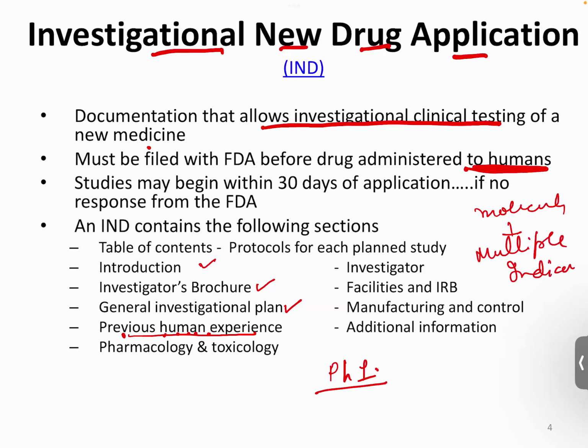Recently, I'm working on one molecule where we are working on an oncology trial and simultaneously on an infectious disease. In oncology, we are in phase 2, and in infectious disease, we have to start phase 1.